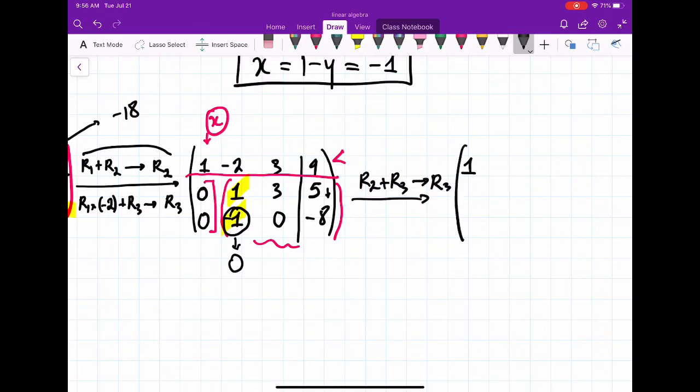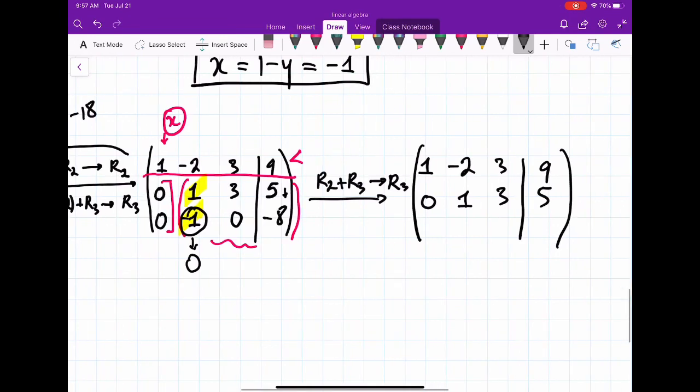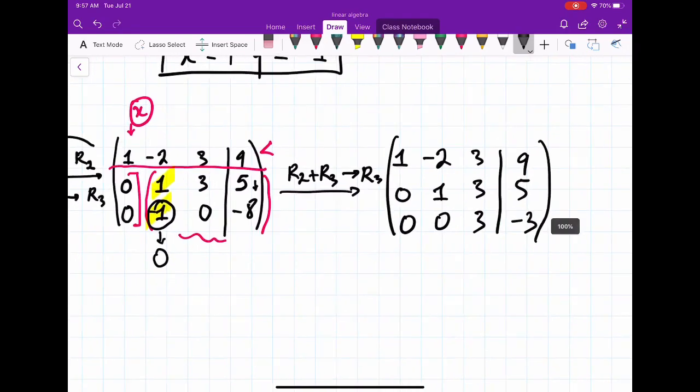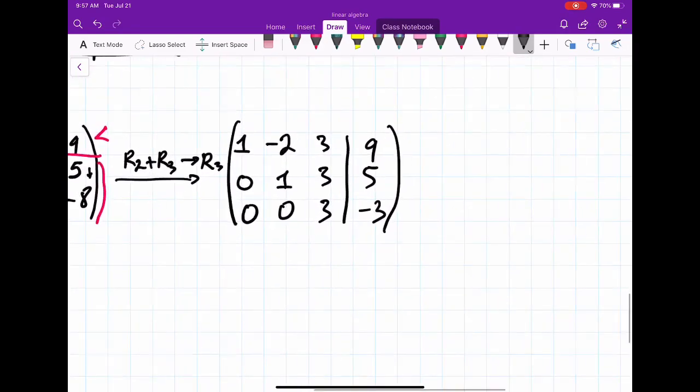The first equation does not change. The second does not change. The last one will be 0, 0, 3, and -3. Okay? All right. So we are almost there.